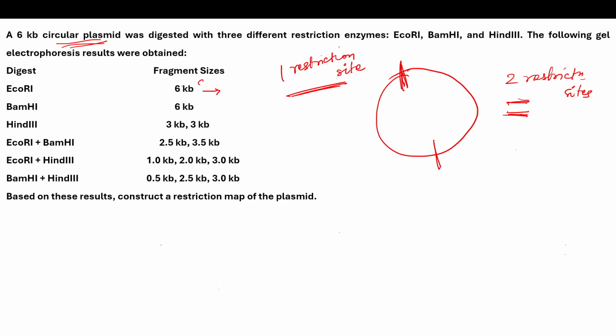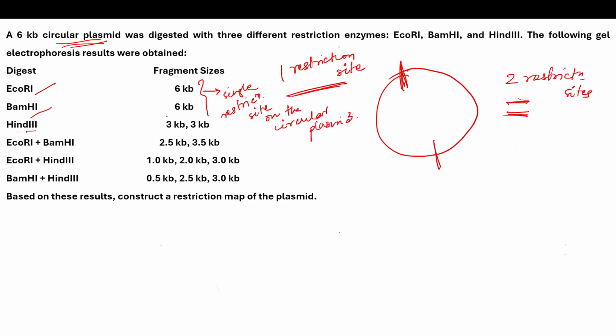So here we see that both BamHI and EcoRI are giving us a single fragment. That means both have a single restriction site on the circular plasmid.